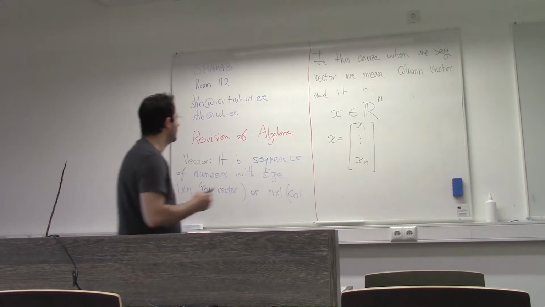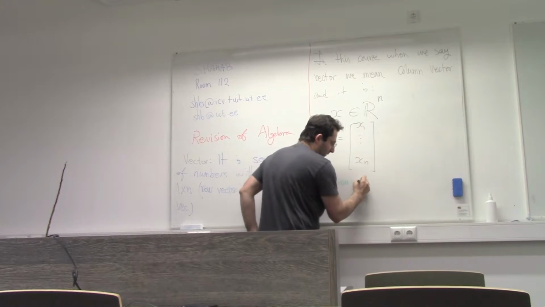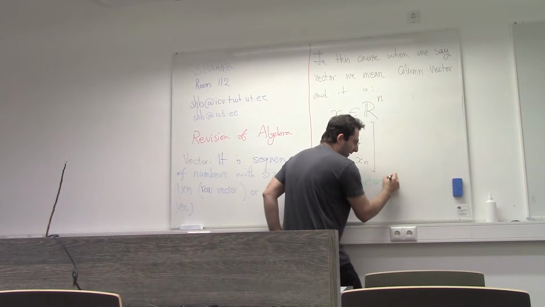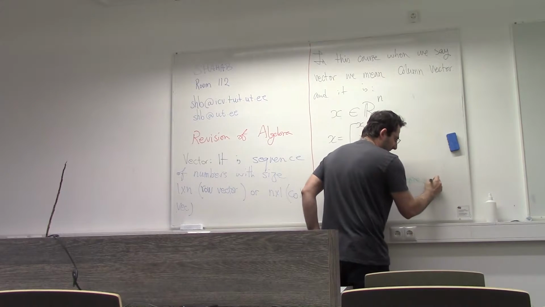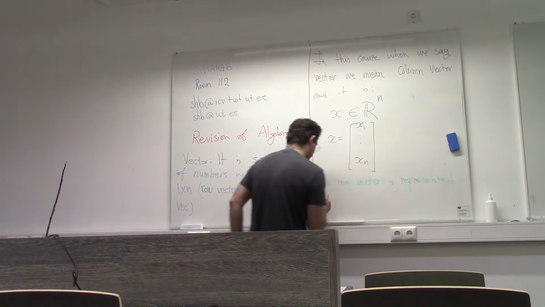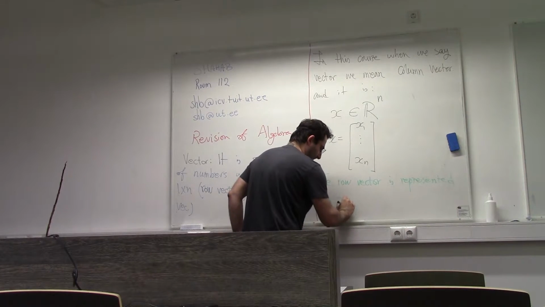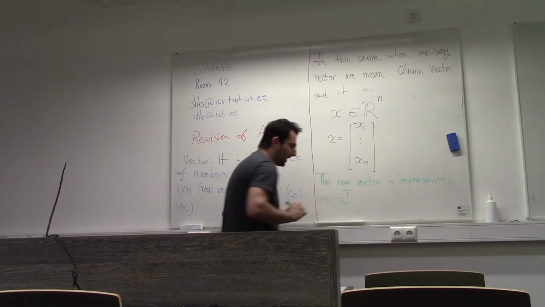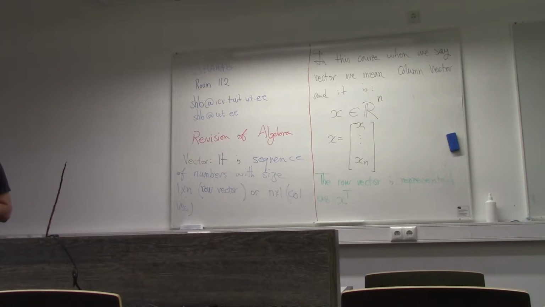And the row vector is represented as x transpose. We remember what the transpose is.